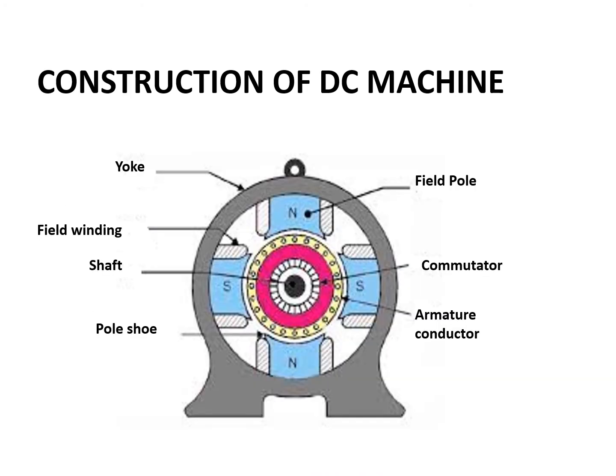This is the construction of a DC machine. This is a very easy view to draw the construction of this machine. Here the outermost body of the DC machine is the yoke.